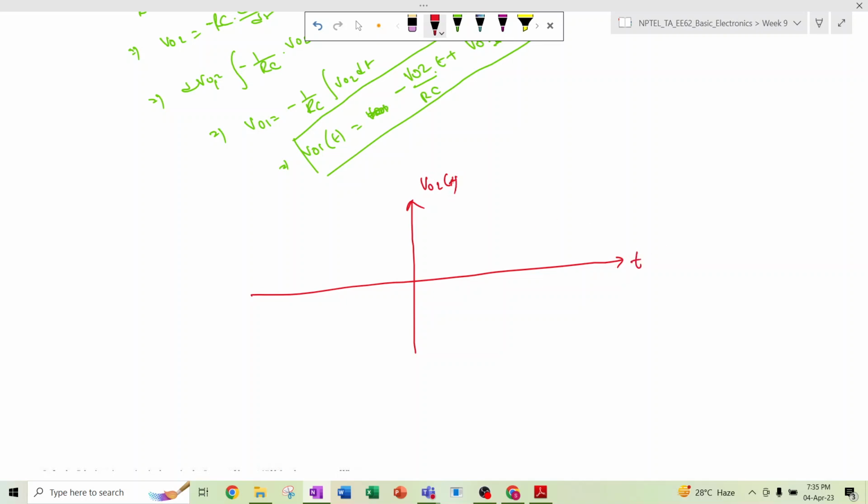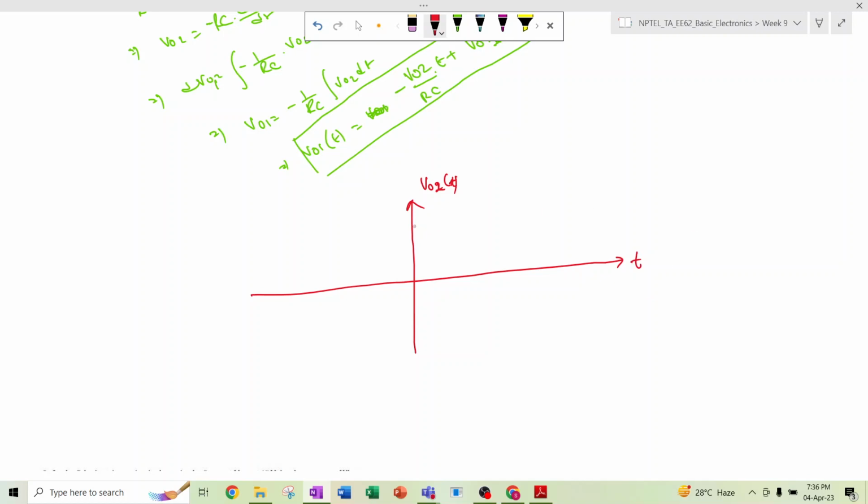See one thing, now we are plotting VO2(t) with respect to time, not with respect to input. If it is plotted against the input, then it is known as transfer characteristics, but now it is simply the time domain.